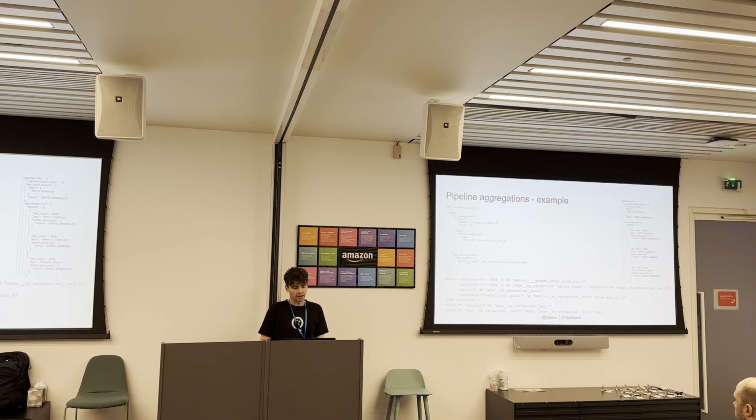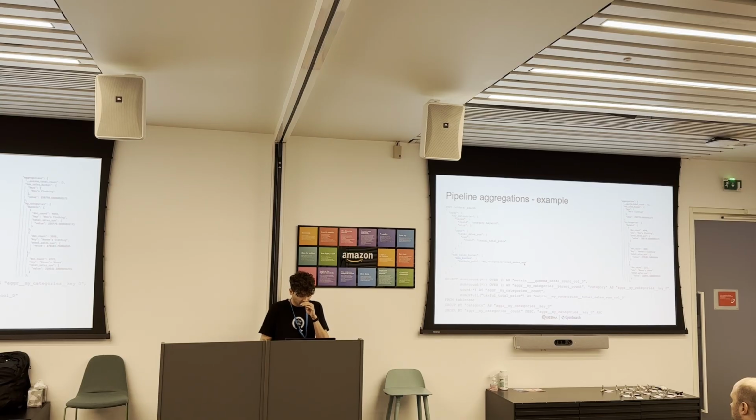And the pipeline aggregation here is called max sales bucket, and the aggregation type is max bucket. This is the part in which we are declaring the way that two aggregations are piped into each other. So we are piping my categories into total sales summary.